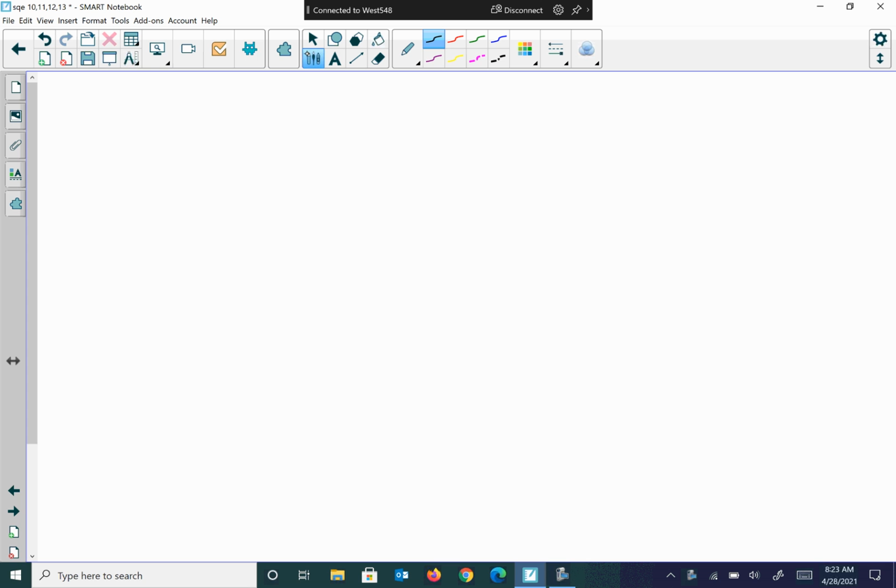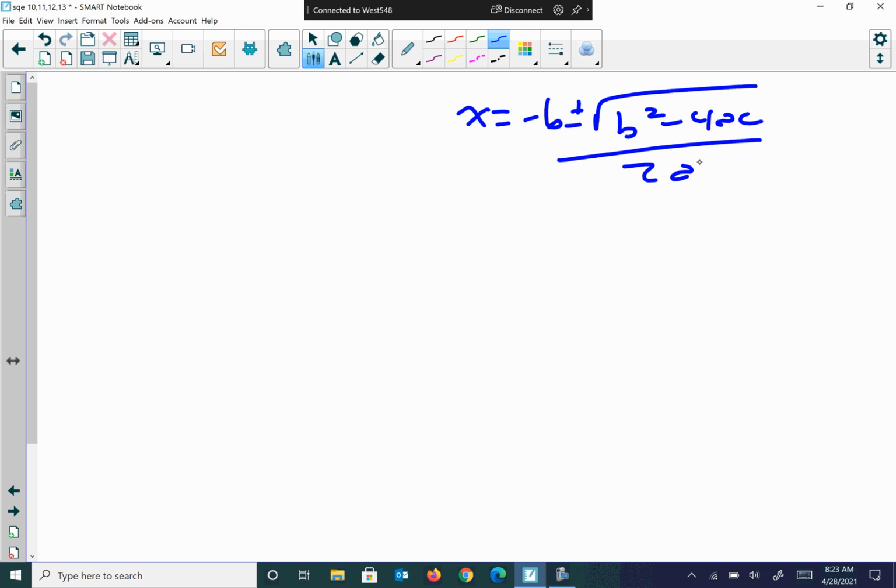So first thing we're going to get out of the way is we did the quadratic formula. I will always give you the quadratic formula. But it's kind of easy if you like little songy things. It's x is equal to negative b plus or minus the square root of b squared minus 4ac all over 2a.